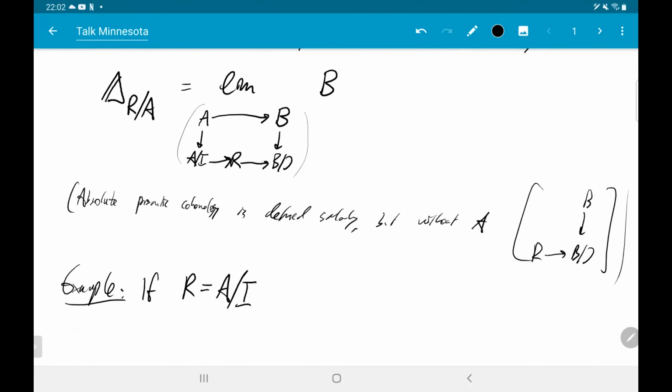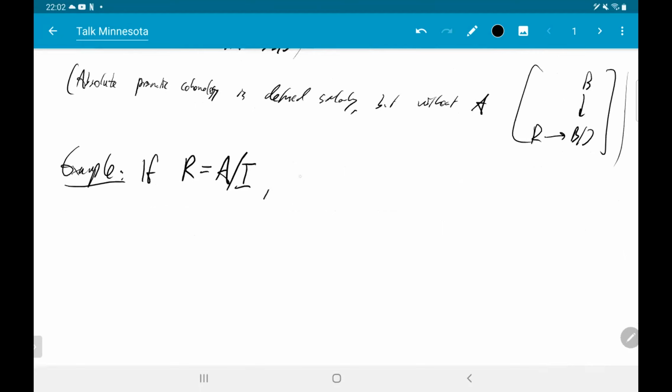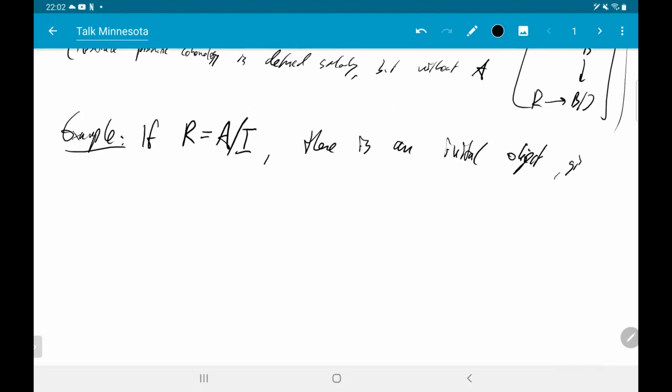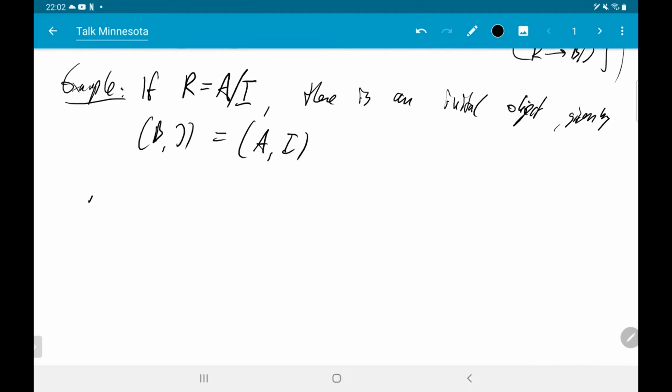Well, in this case, you can actually check that there is an initial object in this relative prismatic site, which is given by (B, J) just being (A, I). So prismatic cohomology of A mod I relative A simply gives you A. All right, so if you plug in A mod I itself, prismatic cohomology somehow lifts you back to A.